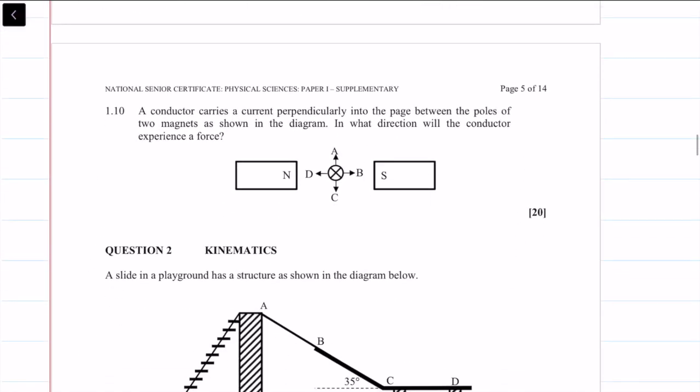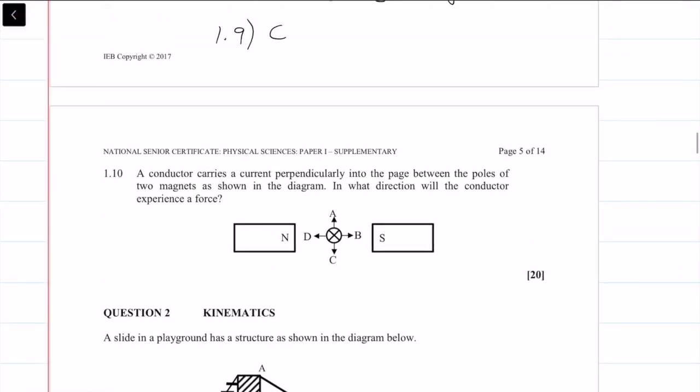And then the last question. A conductor carries a current perpendicular into the page between the poles of 2 magnets as shown. In what direction will the conductor experience a force? So basically what we're going to have to use is our left-hand motor rule. So how does that work?